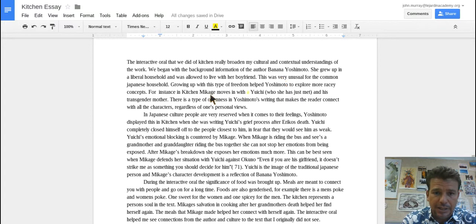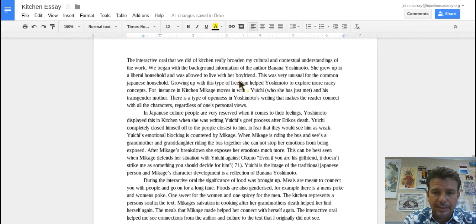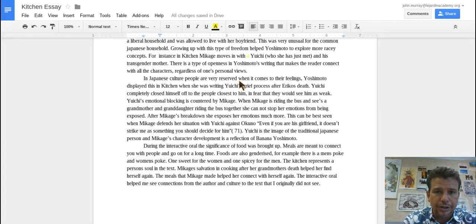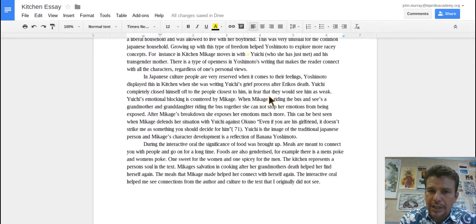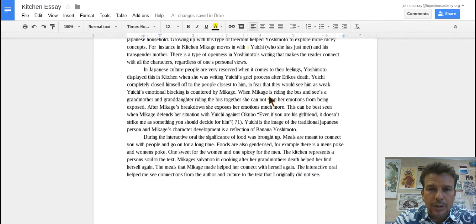And yes, she did grow up in a liberal household, and that's important, where she gets her artistic influences from, writing, etc., perhaps. With Japanese culture and the idea of blocking emotions, that's a good one, but try to keep it as much as possible in the details, specifics that the oral presentation brought out.